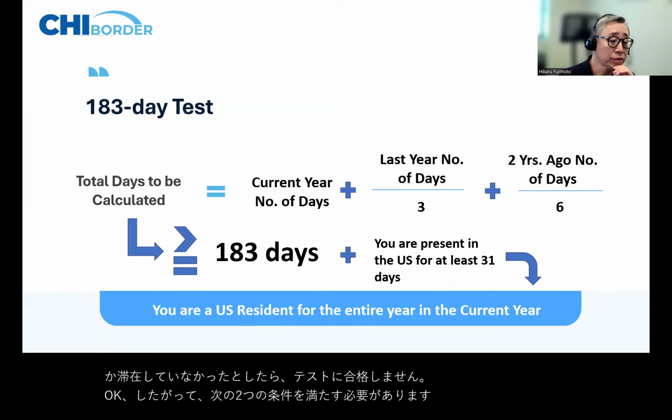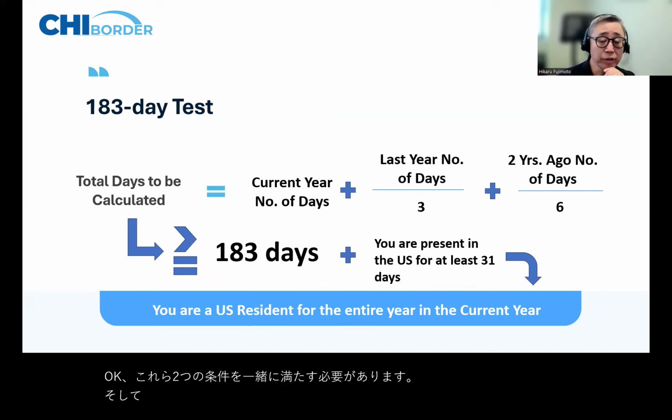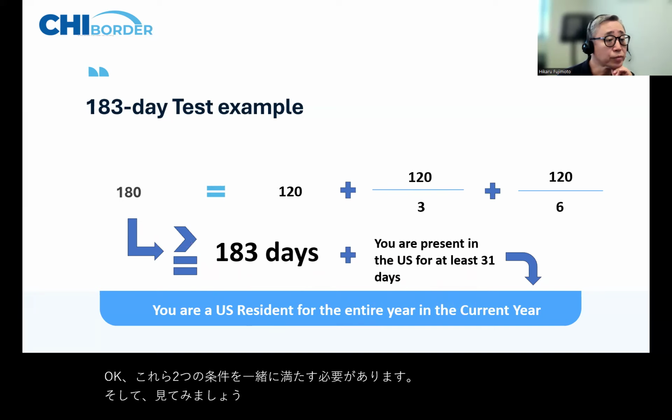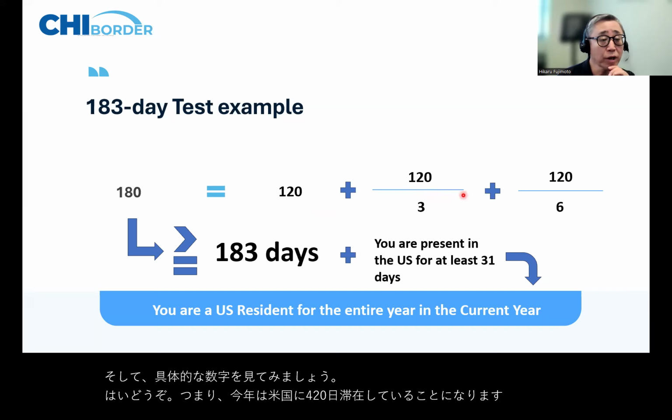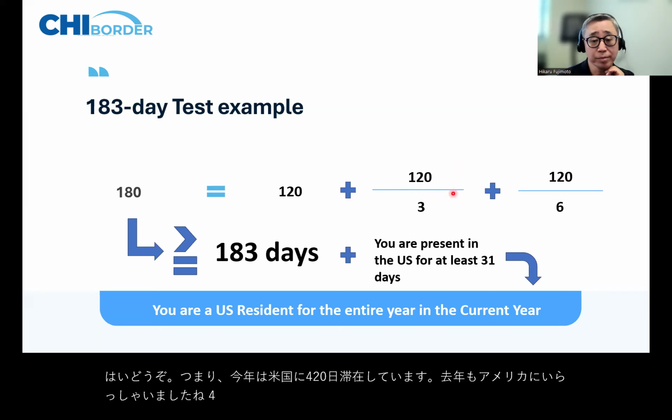And let's take a look at concrete numbers. Here you go. So current year, you are in the United States for 120 days. Last year, you were also in the US for 120 days. That's about 4 months, right?